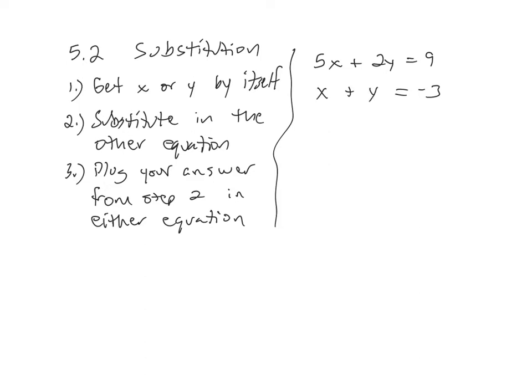All right, so get x or y by itself in either of the equations. What you want to look for is something that has just x or just y. So in the top one, I'm not even going to go near. The bottom one, I have just x and just y, so you can kind of pick. Doesn't matter which one you do. It'll still work out just fine. I'll solve for y, just no particular reason.